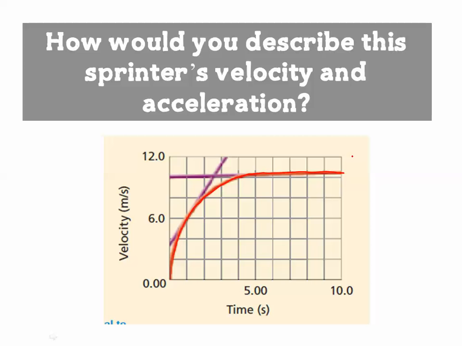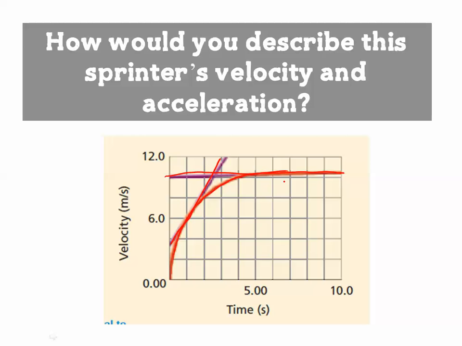If we want to find the instantaneous acceleration, because we know the acceleration is not constant, for the acceleration to be constant, the tangent line would have to be consistent on all points of the graph. But as you can see, when you draw a tangent line at 1 second and a tangent line at 5 seconds, you get two totally different lines with totally different slopes, which means that your acceleration is not constant in this case.